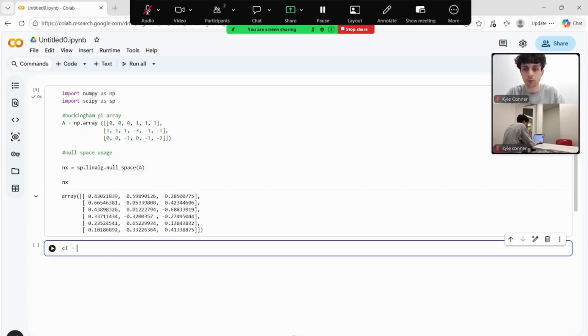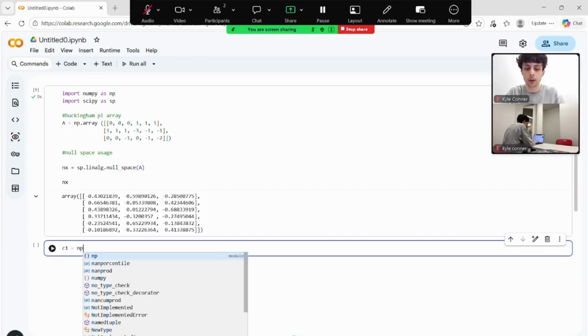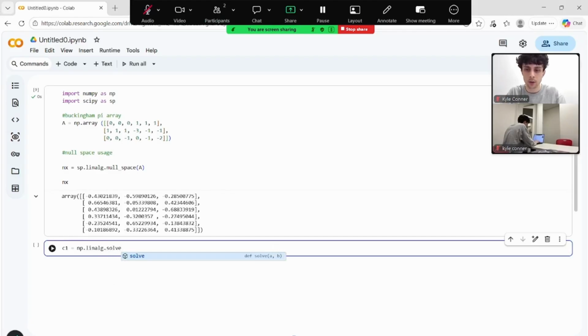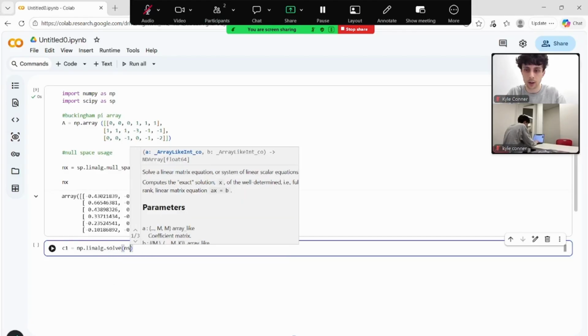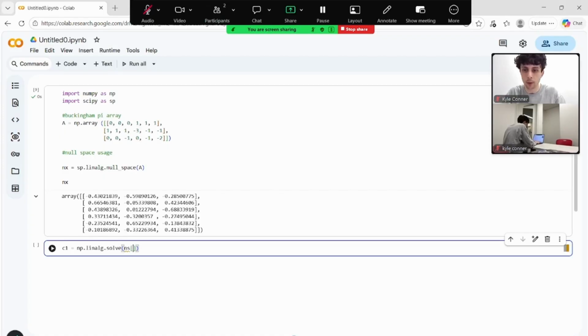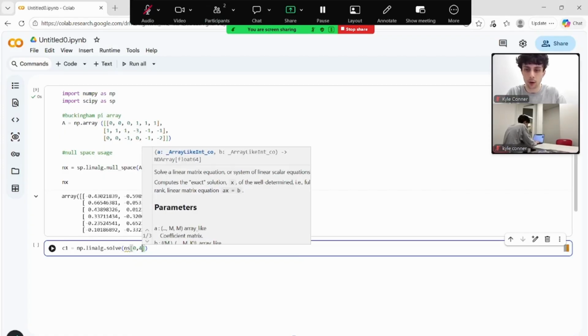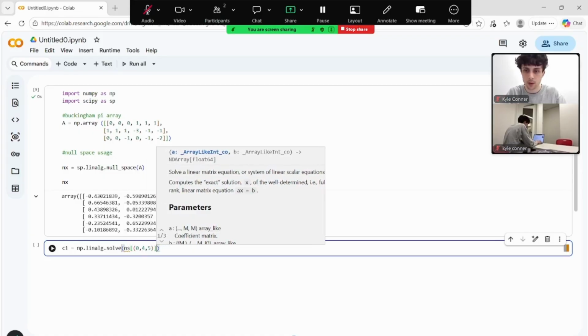If we remember back to what we were just looking at over here with that C1 value, that's what we're going to be solving for now. So we can start to generate these more and more and start to solve for them. That C1 is going to be equal to np.linalg.solve, with ns and the brackets 0, 4, 5, with a colon right here so that we make sure 0, 4, 5 are always being hit.